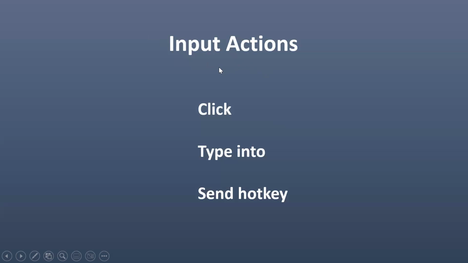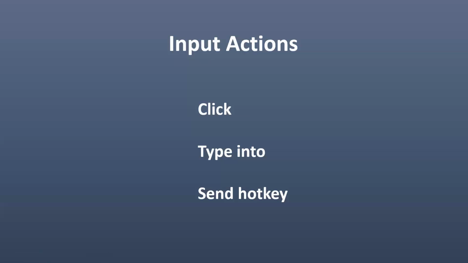If your bot has to extract it and put it into a notepad, yes, it is possible by using an output action, which we're going to be discussing. So that is input action and output action. Anyways, we will keep output action aside and derive the input actions first.